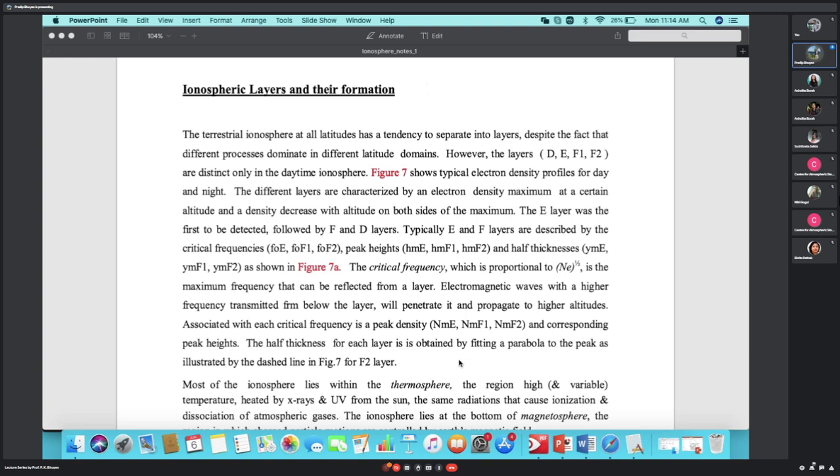So that N is the number of electrons or number of ions. If N increases, the refractive index decreases, because it is the square root of 1 minus 1 by N squared. Your 1 is the refractive index at the bottom.